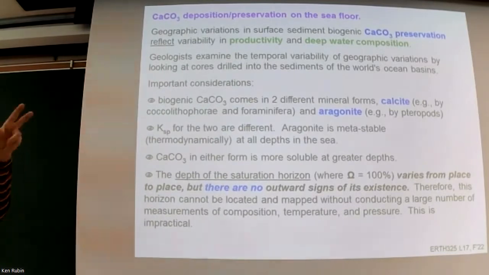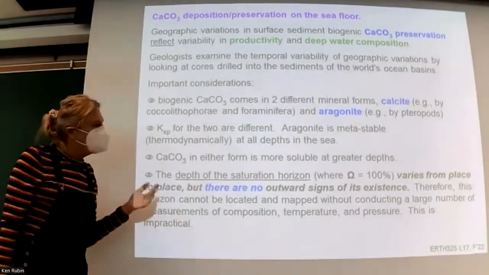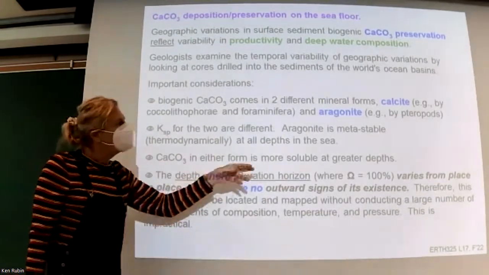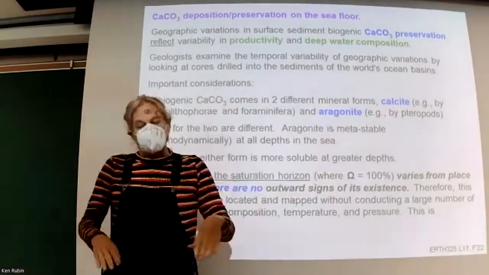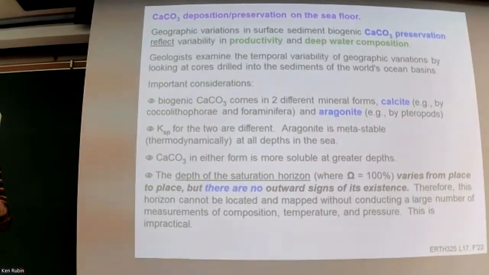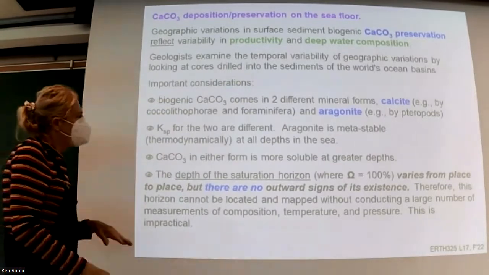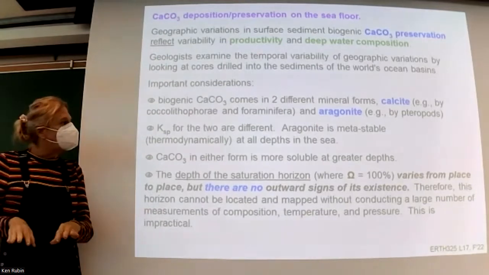So we find the equivalent of what's called the snow line, which we talked about last time. The carbonate compensation depth is different between calcite and aragonite. The aragonite has a shallower depth and it's easier to dissolve. But, and I mentioned the analogy of snow falling on the ground last time, snow can stay on the ground even when the temperature is above zero.